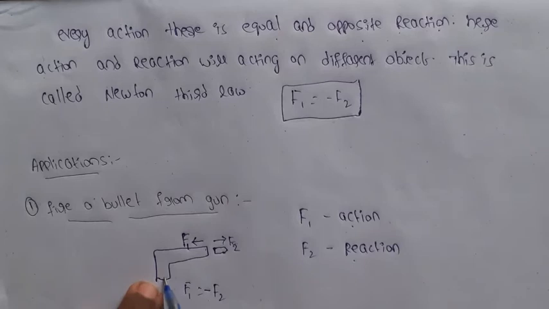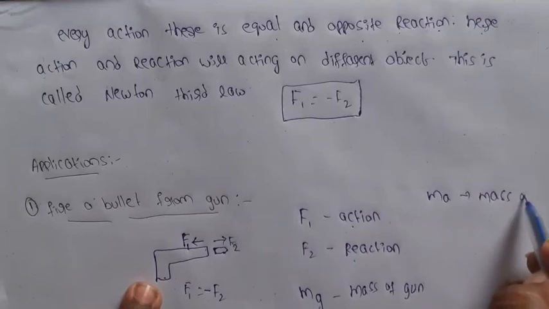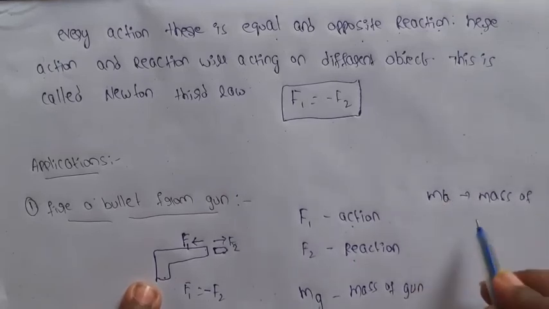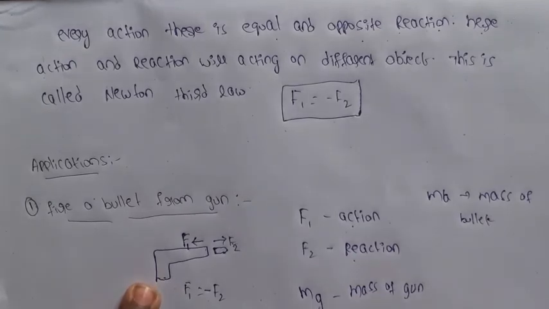So here, the mass of the gun, mg, is very high compared to the bullet. Mb is the mass of the bullet.